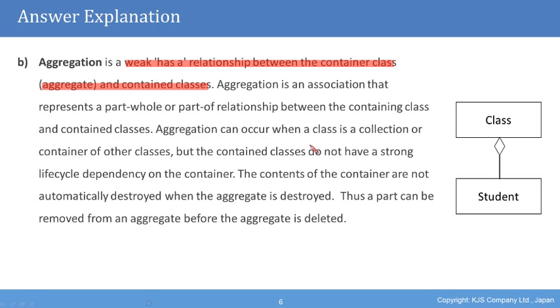Aggregation can occur when a class is a collection or container of other classes, but the contained classes do not have a strong lifecycle dependency on the container. The contents of the container are not automatically destroyed when the aggregate is destroyed. Thus, a part can be removed from an aggregate before the aggregate is deleted. Note that in this case, a hollow diamond shape is represented in the UML diagram.